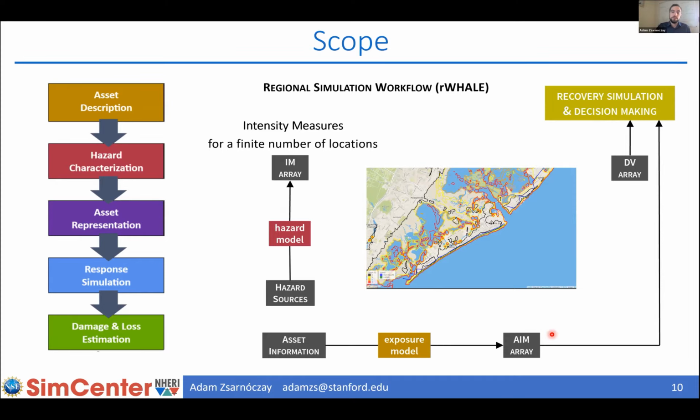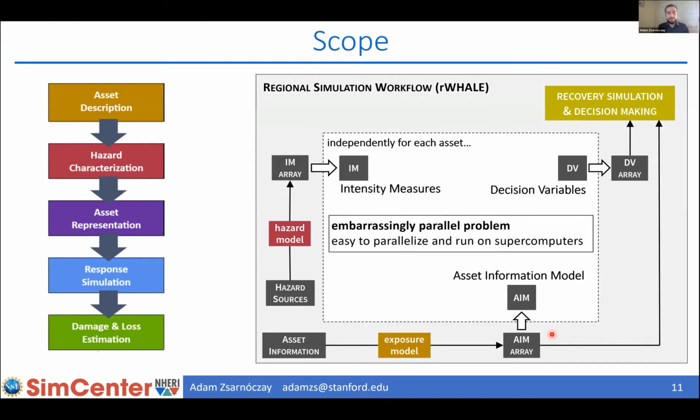And then what we are doing, and this is a key thing in our workflow, is that we link the intensity measure and the asset information, and then do a damage and loss assessment step to arrive at the decision variables. We do this independently for each asset, because once we know these input data, the buildings don't need to know about each other to arrive at the immediate consequences of an earthquake or a hurricane.